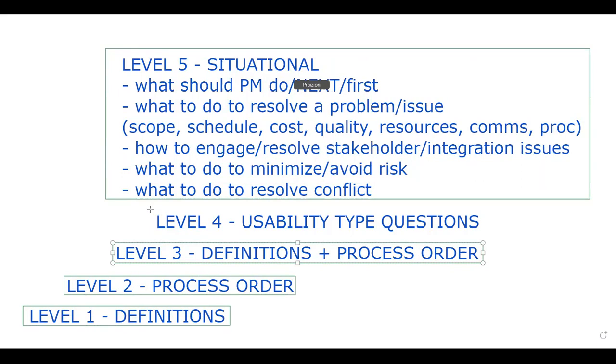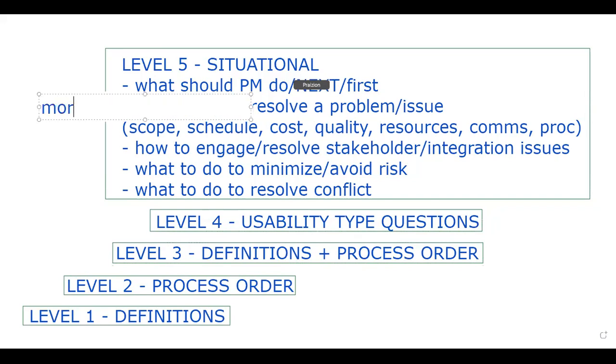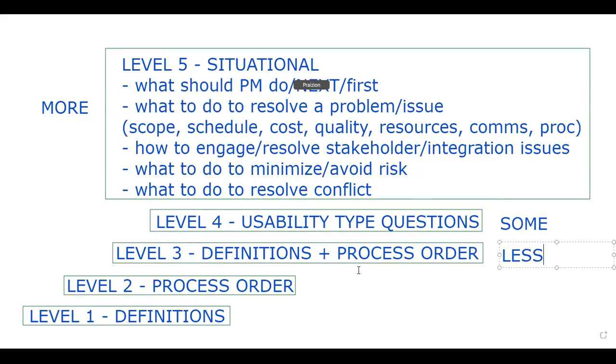When it comes to usability type questions, you would expect to get more usability type questions, and then less and less in the order that I have put them, but definitely a lot more of this. Okay. Some, less, and then in degrees of going down, less and less and less.